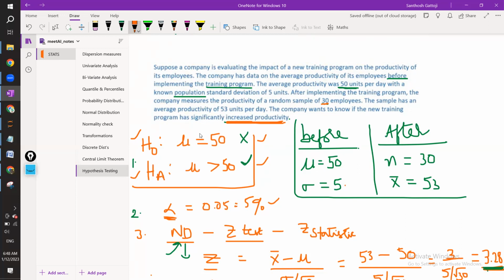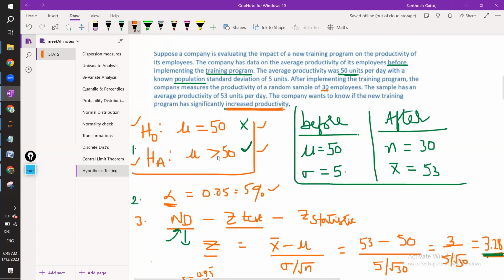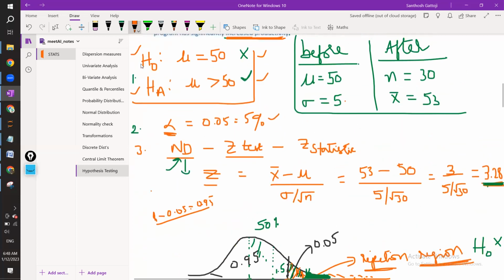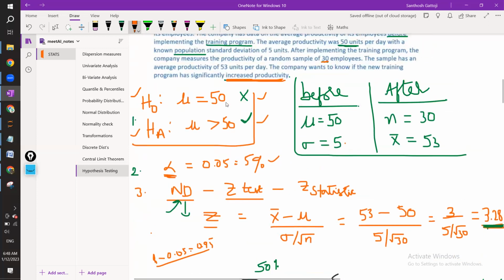These both are just our assumptions, guys. These are not facts. You get the fact once you do this testing and perform this critical region analysis, and from that you can decide whether to accept this or that. Before that you are just assuming these two. This is the null hypothesis, this is the alternate hypothesis. You don't know which one is true, which one is false. Getting my point?